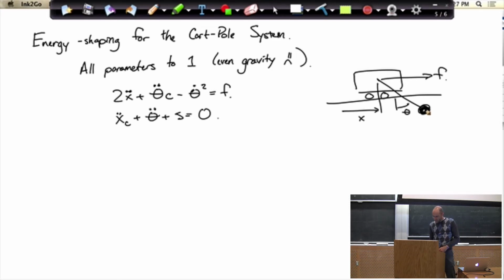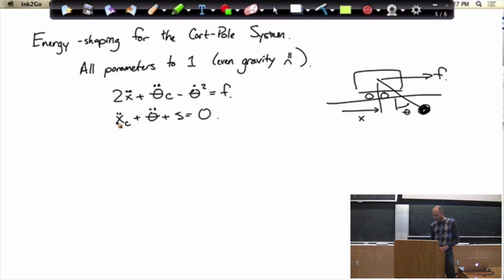Let's manipulate these equations a little bit more to get them into shape. When you write it this way, you can see that for the dynamics of the actuated system, we have this second order differential equation, which is where my F affects the dynamics, this first equation. This one you can really think of as a constraint between theta double dot and x double dot.